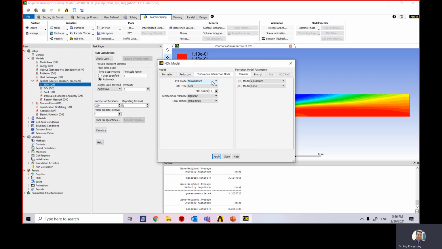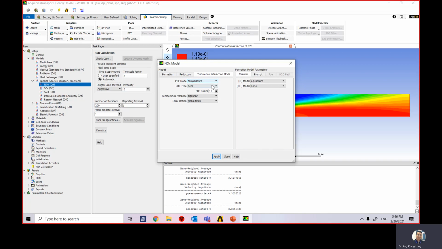So if you do not activate this one, it means you do not consider the turbulent interaction. In this case, we will consider the turbulent interaction, so we activate the temperature.